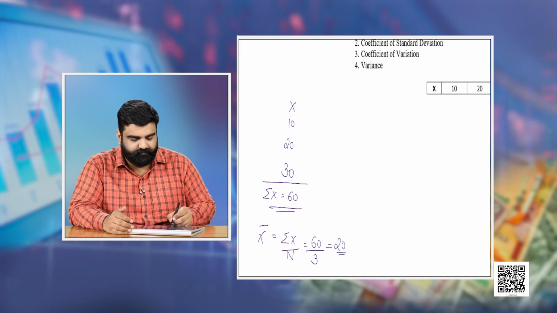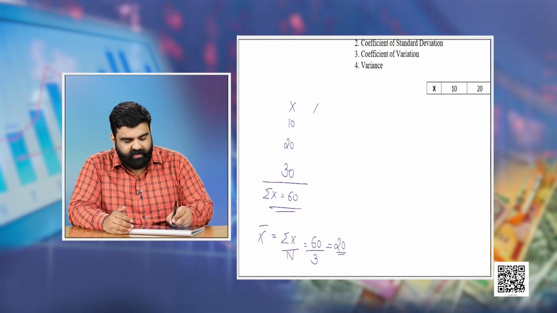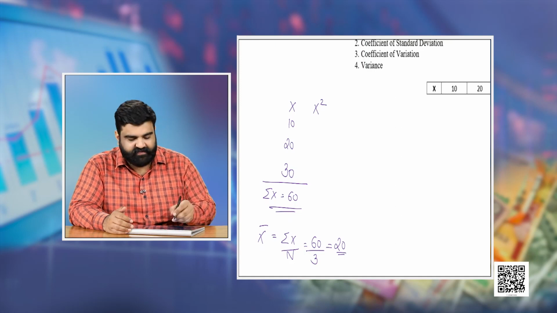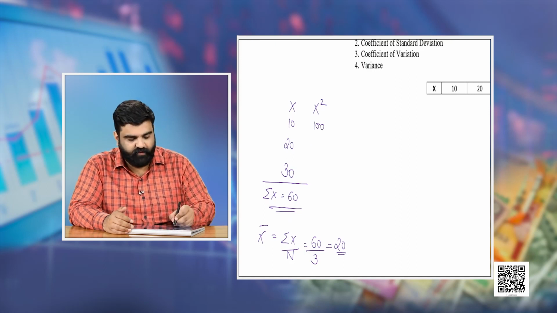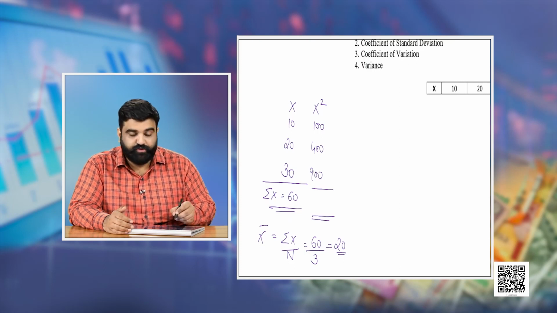So this will be 20. Now let us square the values of x. We get 100, 400 and 900. The total will be sigma x square, that is 1400.